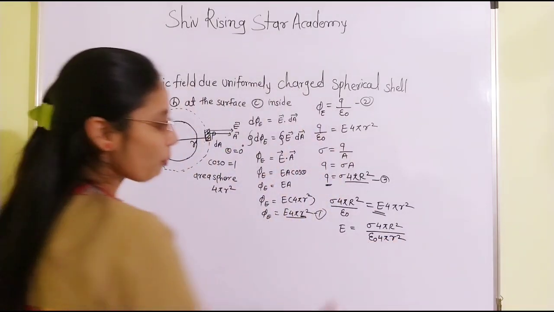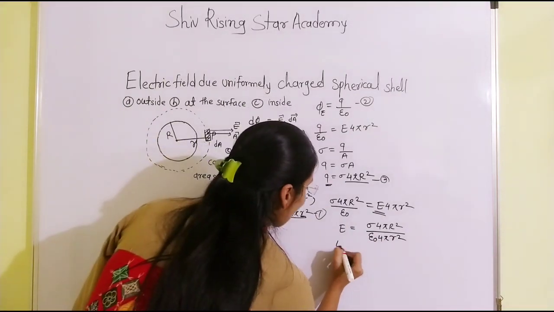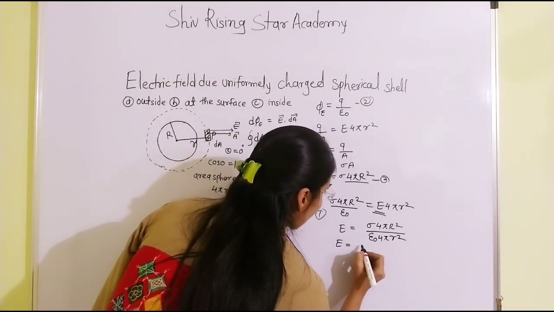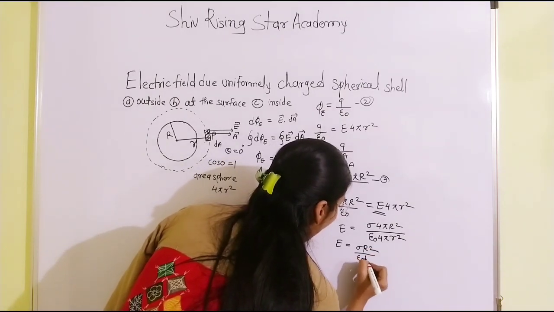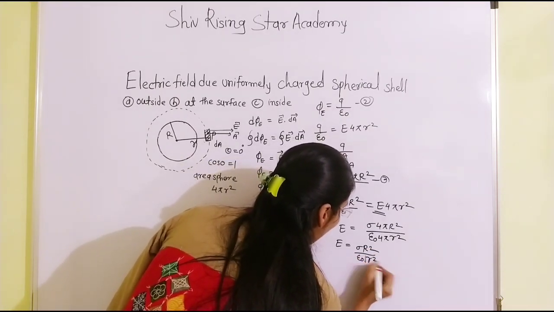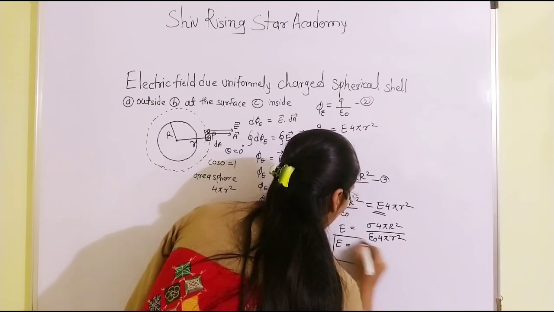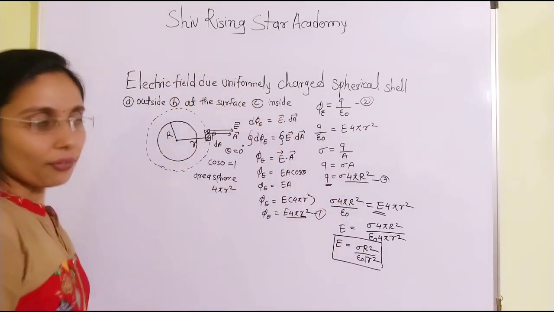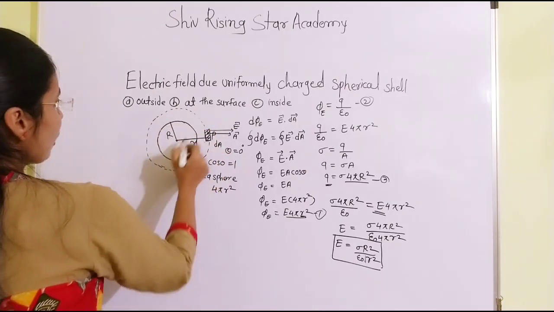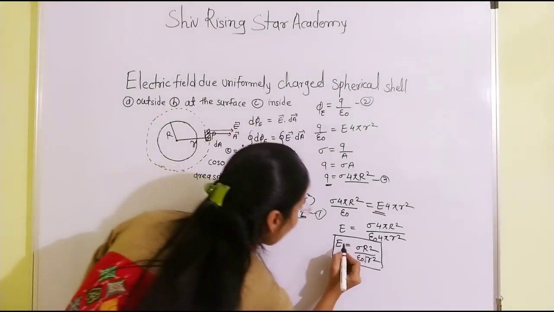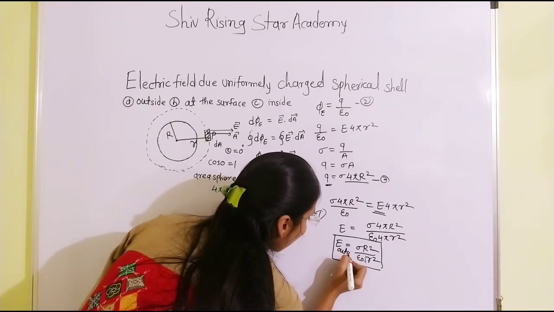Here 4 pi is common, so it cancels, and we get sigma R square upon epsilon naught r square. This is small r square. So this is the electric field outside the spherical shell.